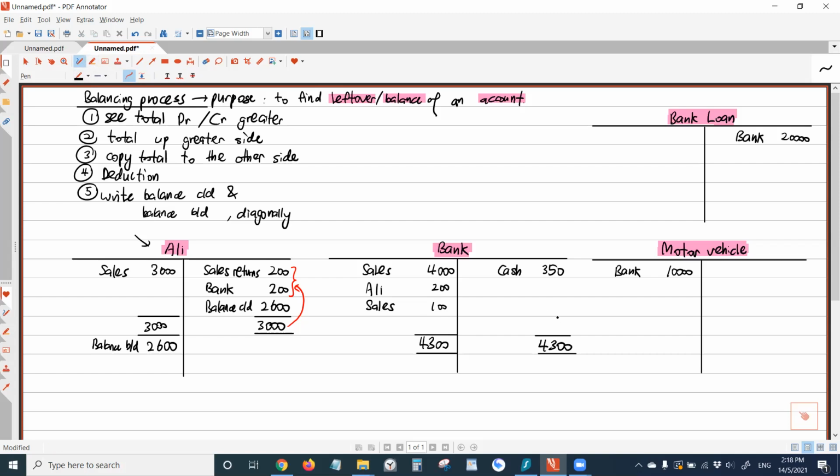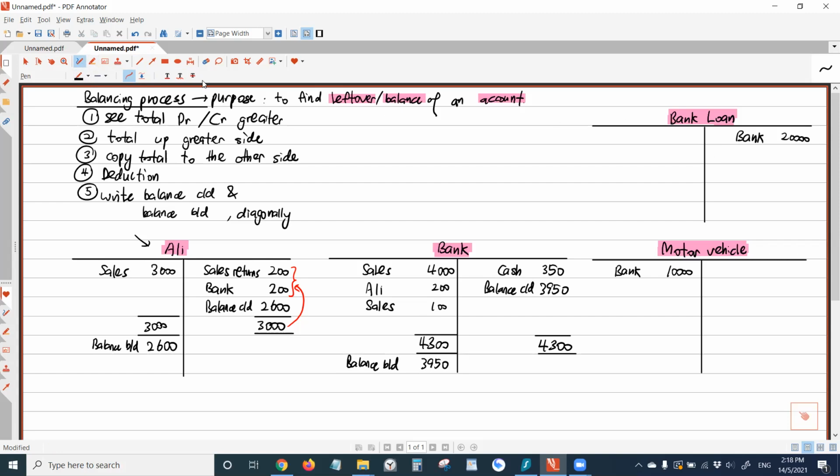Step number 4, take the 4,300 minus 350. You would get 3,950. Number 5, write the balance CD, and then write the balance BD diagonally. Ensure that you carry down this amount diagonally. Okay, now I'm done with the balancing process in the bank account.